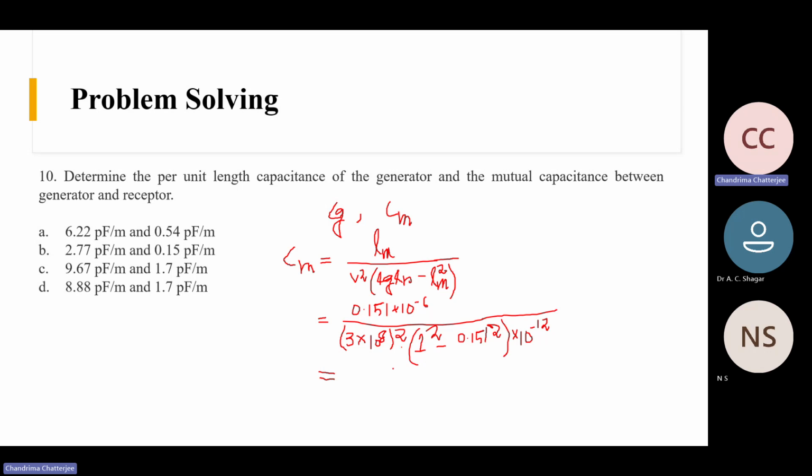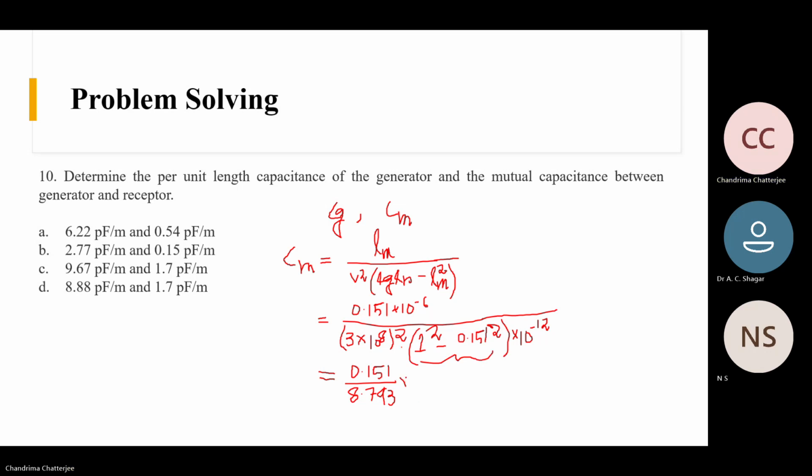So we will get over here 0.151 by 8.793. 8.793 is basically this quantity 3 square, that is 9, multiplied by this portion, and the powers of 10 we will separate.